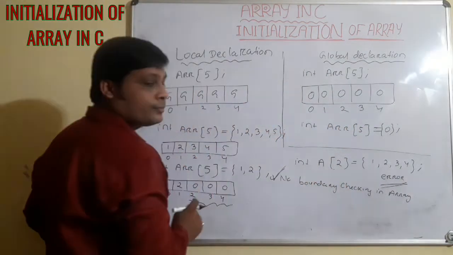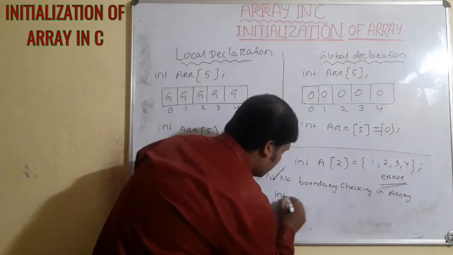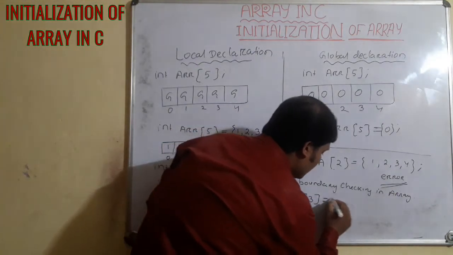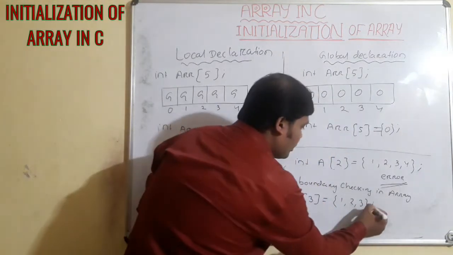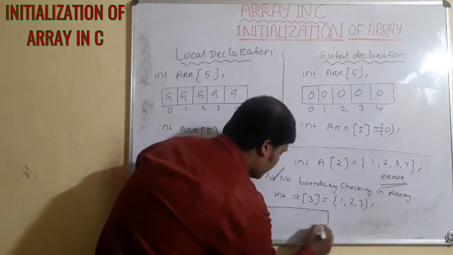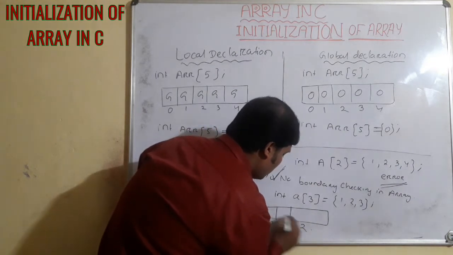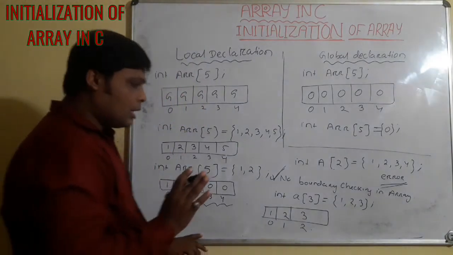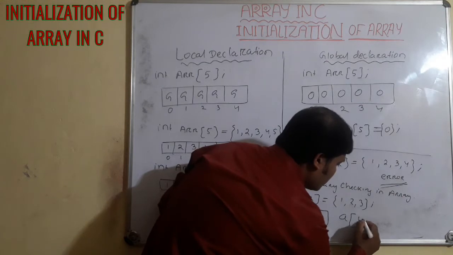What does it mean? Suppose I am writing integer a of 3 equal to 1, 2, 3. What will happen? Memory will be allocated. This is 0, 1, 2, and this will be 1, 2, 3. Clear? And I want to print a of 3.